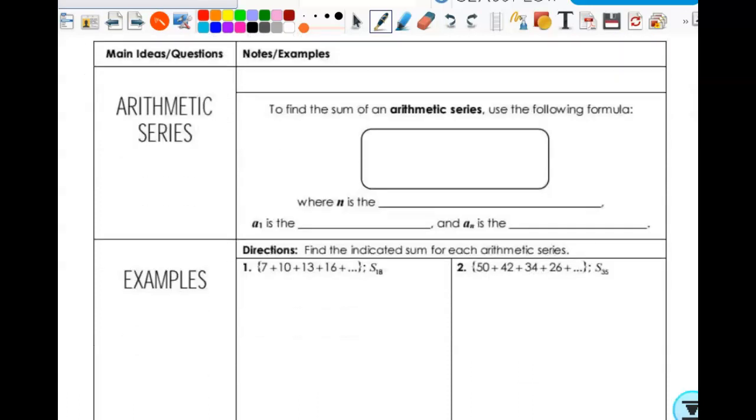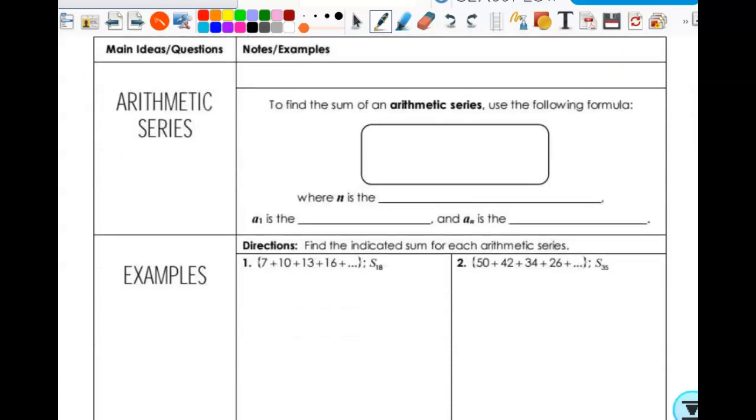So an arithmetic series is just very simply the sum of an arithmetic sequence. So when you want the sum, there is a formula that we can use that looks like this. S sub n, so it's going to be our partial sum there.